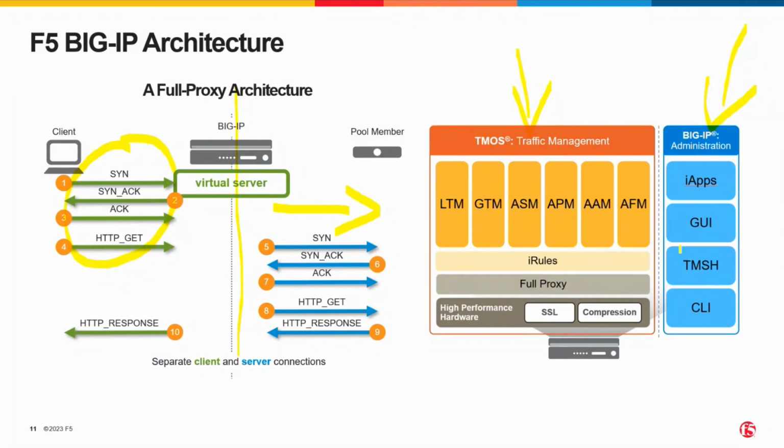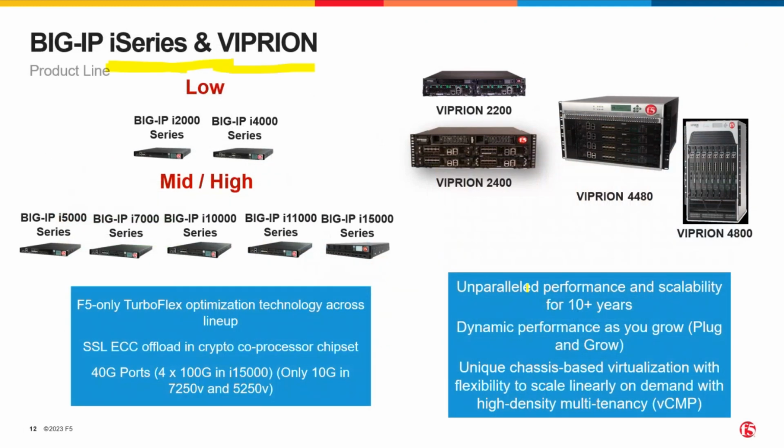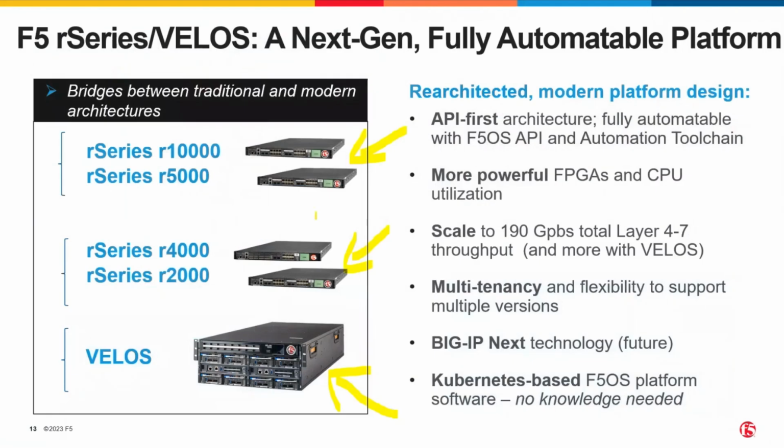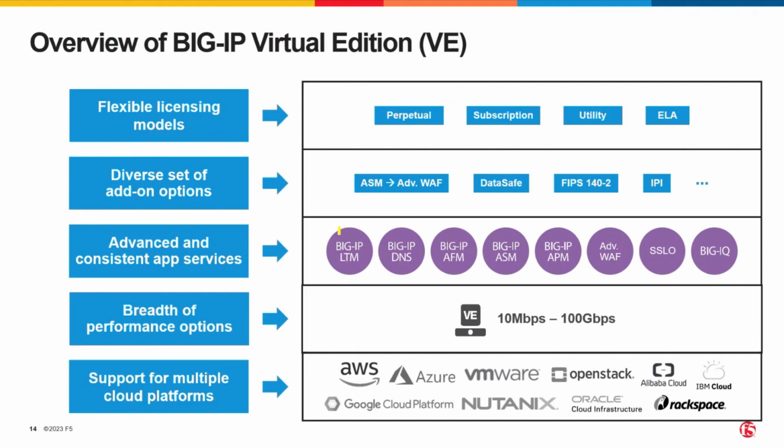So we are building actually a TMOS or BigIP administration. It doesn't matter if you put that on these older appliances, the new appliances, no matter how this new operating system works, or you put that into the virtual edition, which can be run in your own environment or in the cloud, actually everywhere. So the architecture itself is very, very similar under the hood.